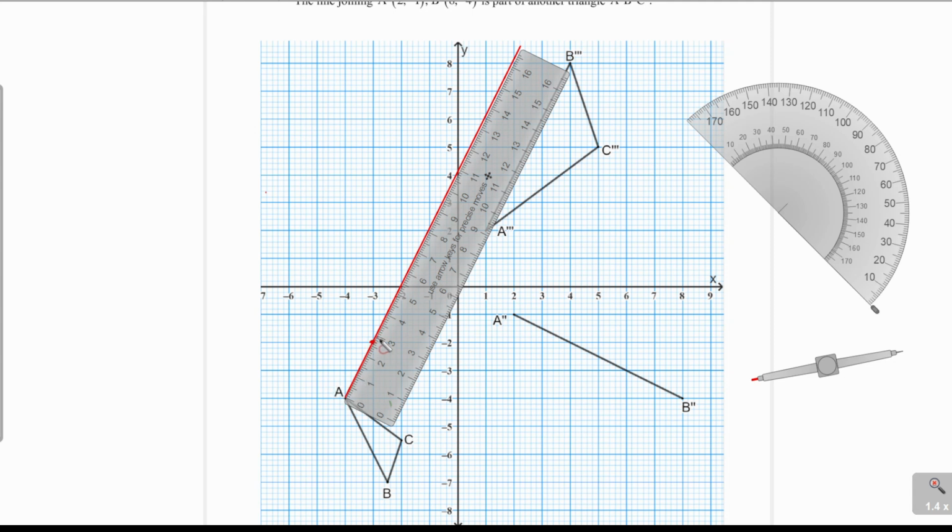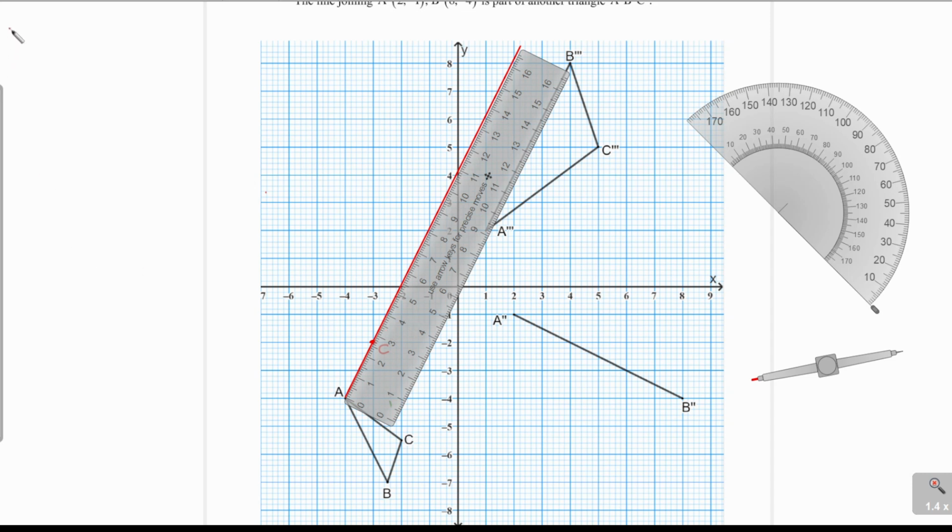So AC, take that distance AC, and then from C, measure double that distance AC. Now from A to this point here, you can see this one is around 2.7.